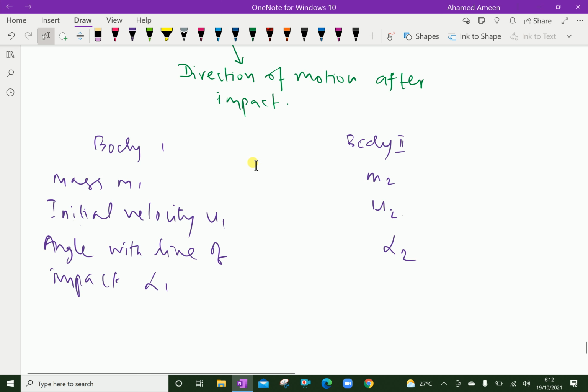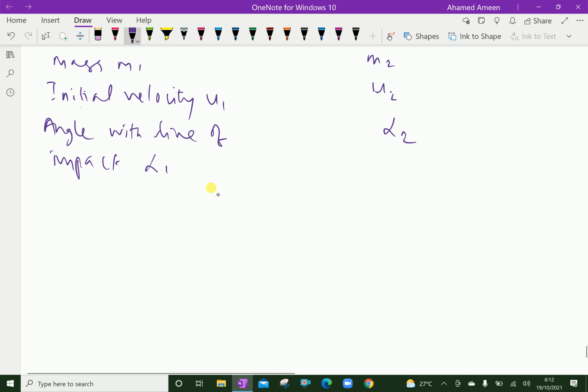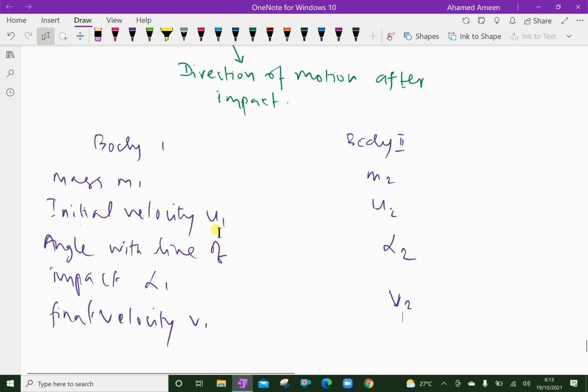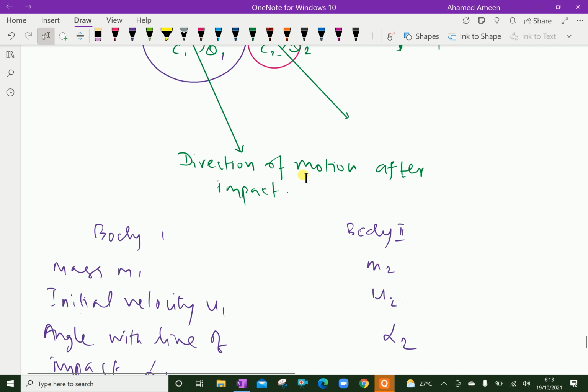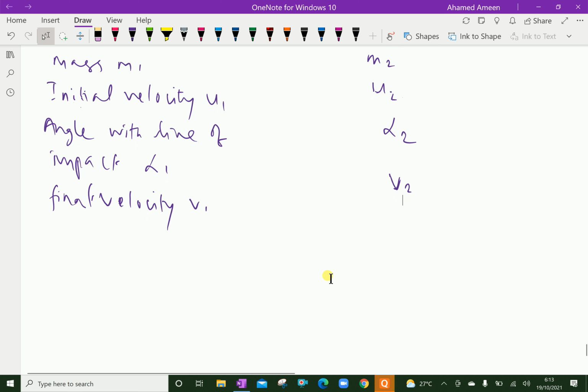Final velocity of the first body is v1, and the final velocity of the second body is v2. Then the angle which the final velocity of the first body makes with the line of impact is theta 1, here theta 2.